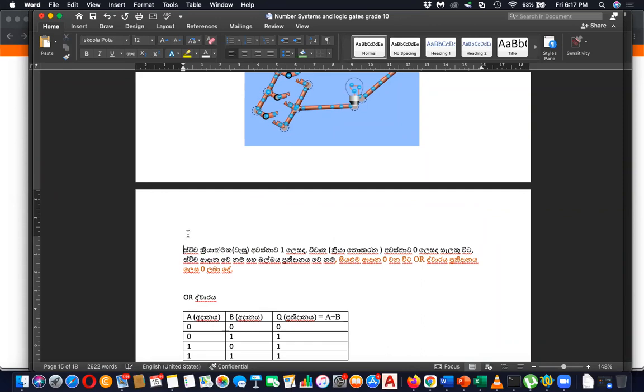Under that, please write, consider the switches, write the English note, right, as inputs, the switches as inputs, and bulb is the output.